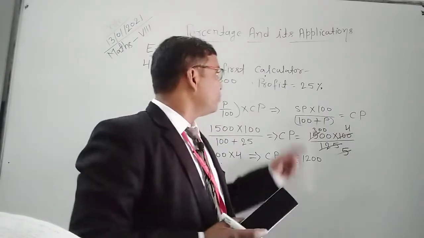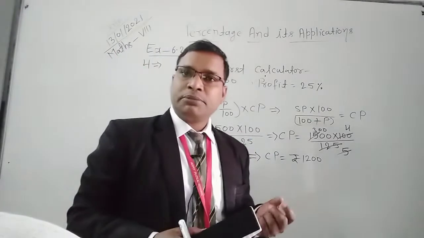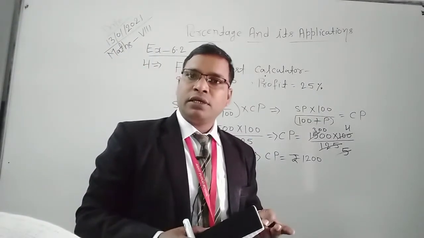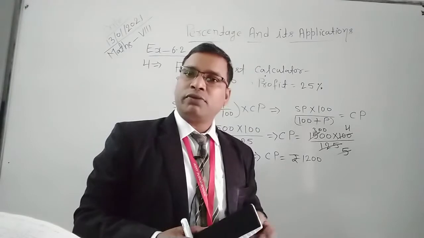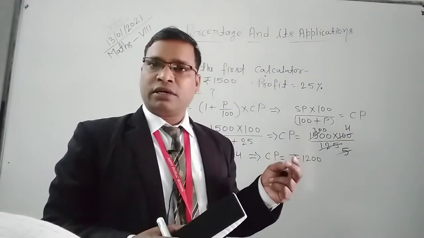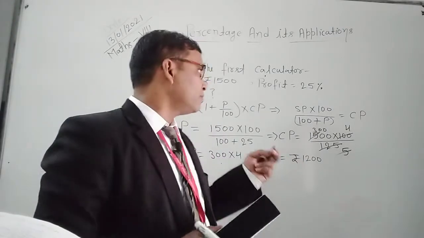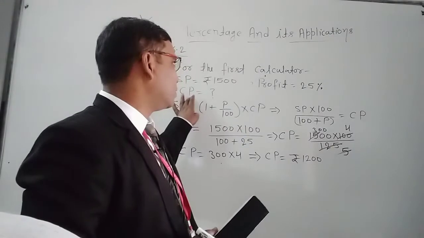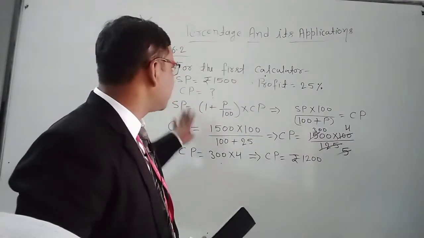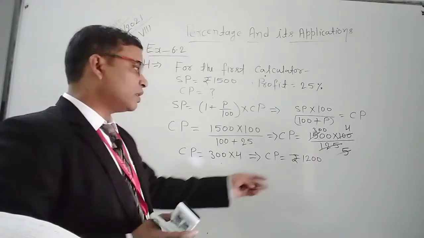But you know very well the total SP of two calculators: 1,500 plus 1,500 is equal to 3,000 rupees. But here the cost price is unknown. So here we find the cost price of the first calculator is 1,500 rupees. Sorry, 1,200 rupees.